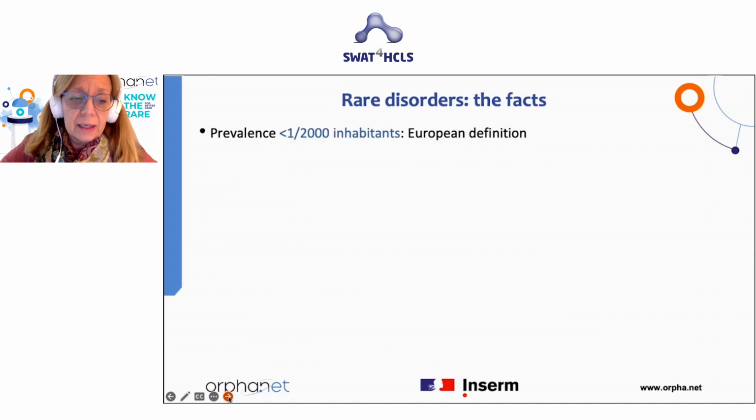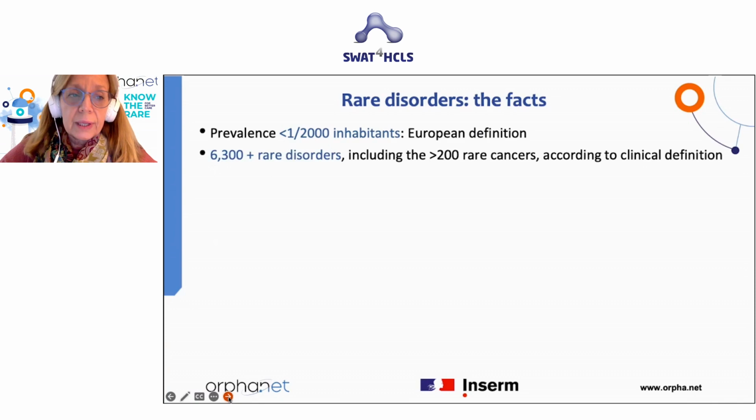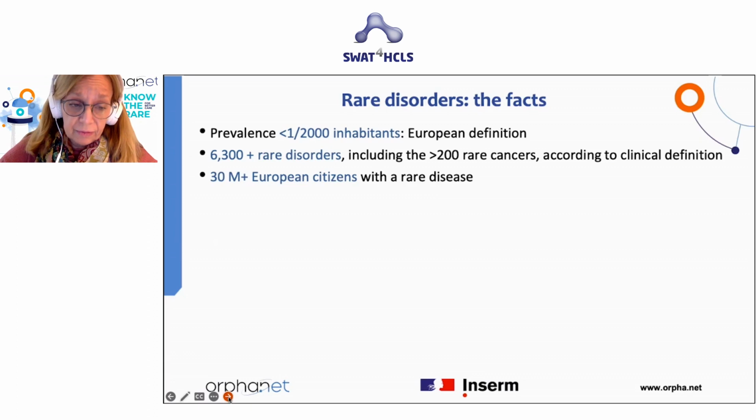So what are the facts for rare diseases? We have this European definition that is now worldwide accepted, that is equal or less than 1 in 2,000 inhabitants. There are more than 6,000 rare disorders, including rare cancers. In Europe, there are 30 million European citizens directly suffering from rare disease, and that is an underestimation because it's what we can count now.